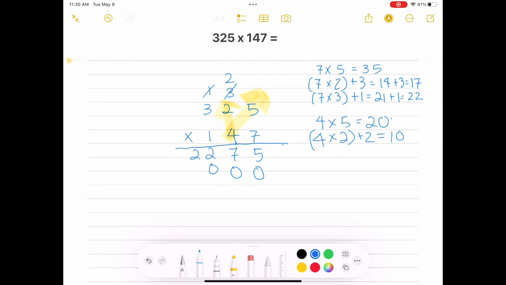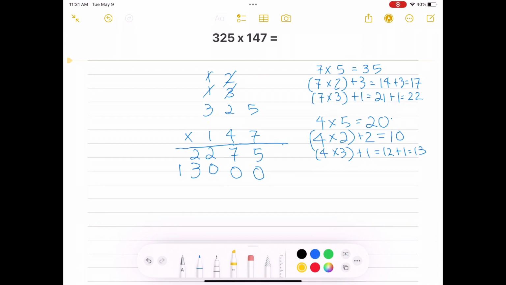Write down the 0, carry the 1, and now you multiply 4 times 3, which is 12, plus 1 that was carried from before, and that would be 12 plus 1, which equals 13. Write down 13. And we clean up by crossing out the numbers that were carried from before.